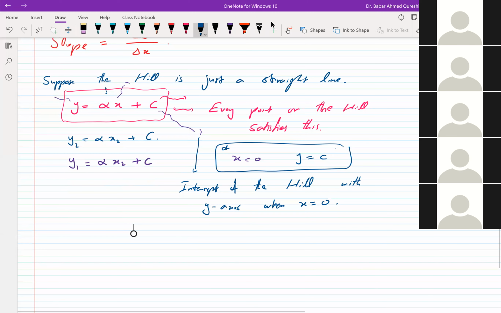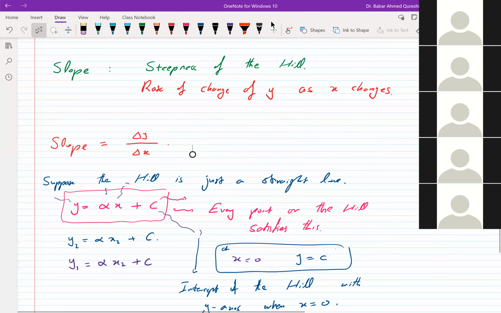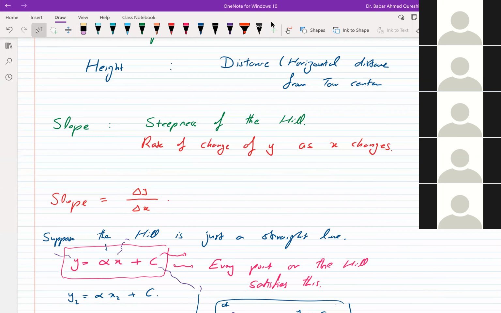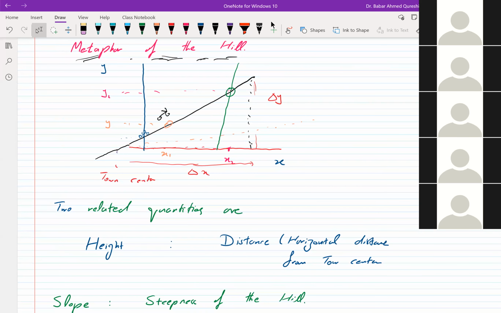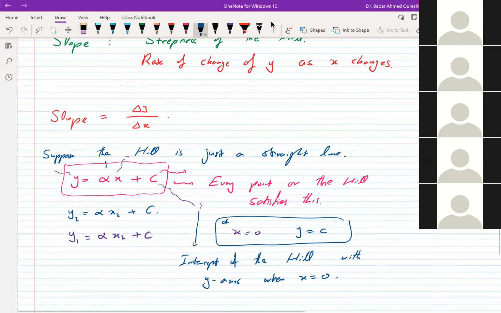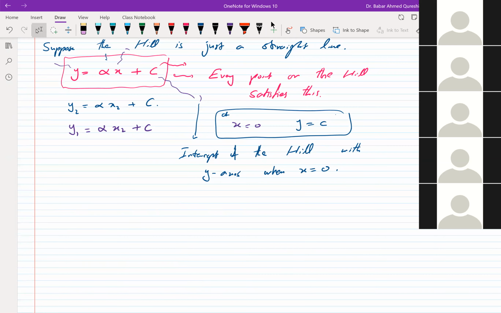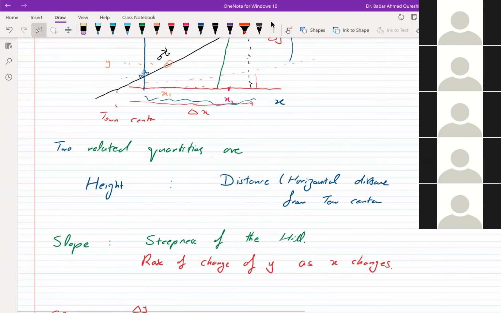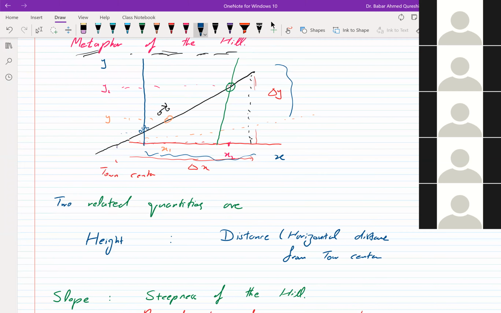On the other hand, as I said, I can find the slope or steepness of the hill by computing the height of the hill over here, and how long this hill is. But notice that if this hill just keeps continuing, I wouldn't want to do it. I would take 2 points, like x2 and x1, and compute how much I climb when I cover this distance.